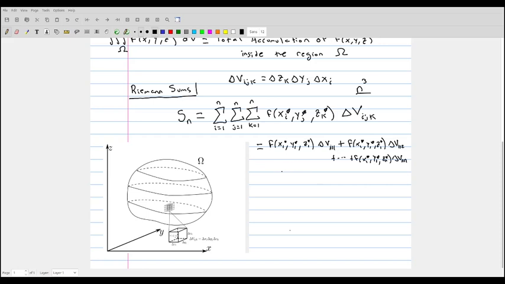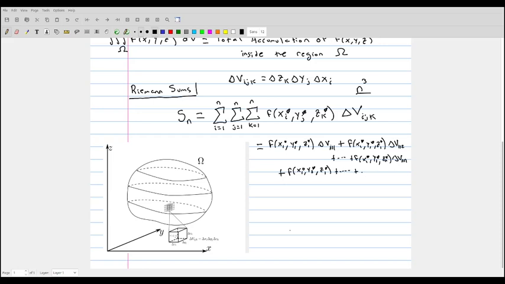But that's not done. You're not done yet because you have to add in now all of the combinations for f of x1*, y2*, z1*, and so on and so forth.